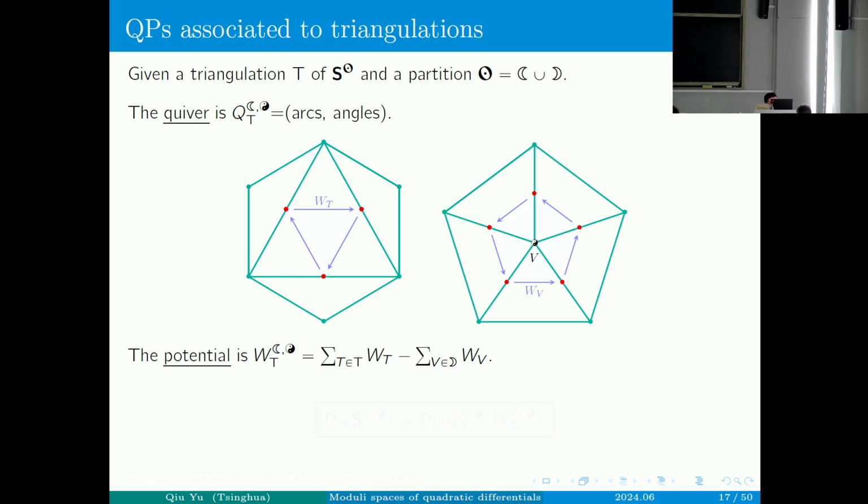However, for us, we want to do something funny, because we have this partition of the punctures, and for the potential, we want to only minus these cycles around punctures in the right subset.